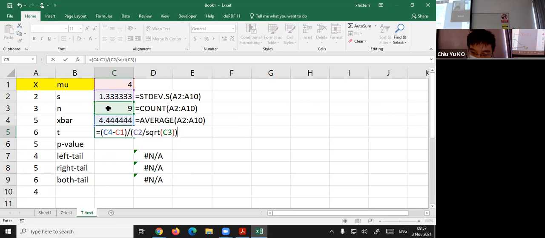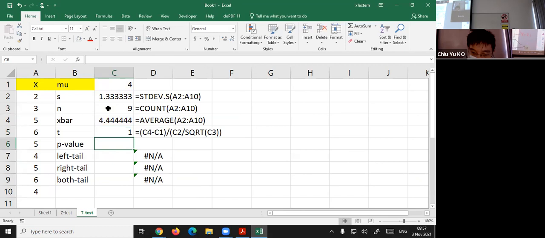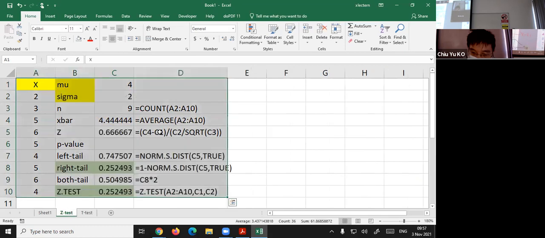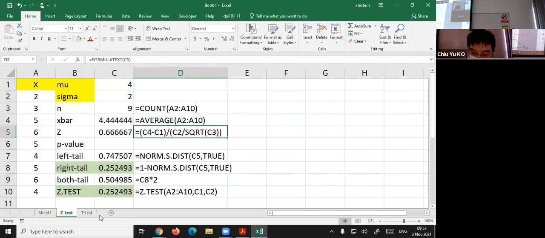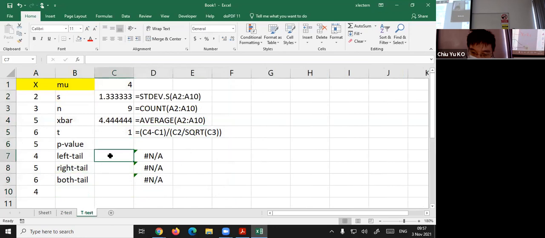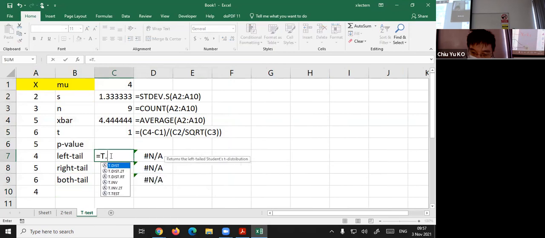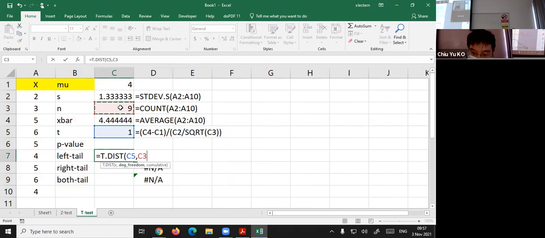So they're exactly the same thing. There's nothing new here, the same formula. If you compare this and that, nothing changes. And the p-value will be the same, but use T.DIST. And the degrees of freedom will be just n-1.